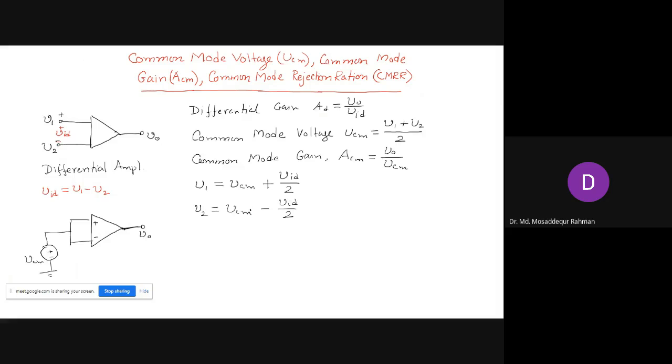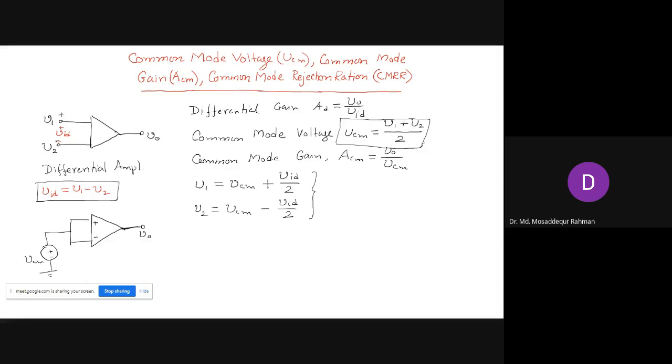And these two we can easily derive, right? One is the definition of differential input voltage, VID is V1 minus V2. The other is the definition of the common mode voltage, VCM is the average of these two. If you combine these two, we get these two.